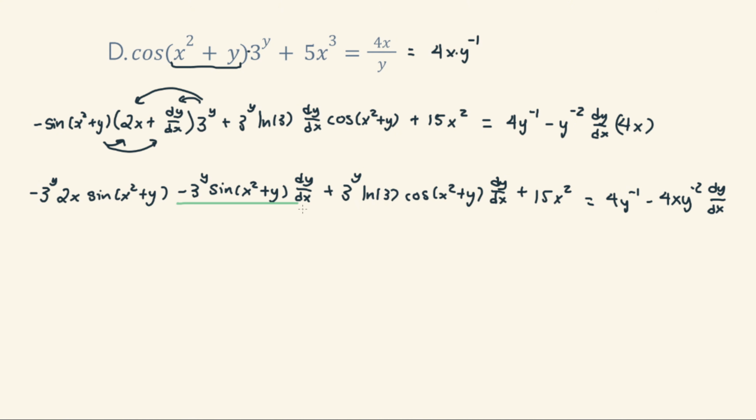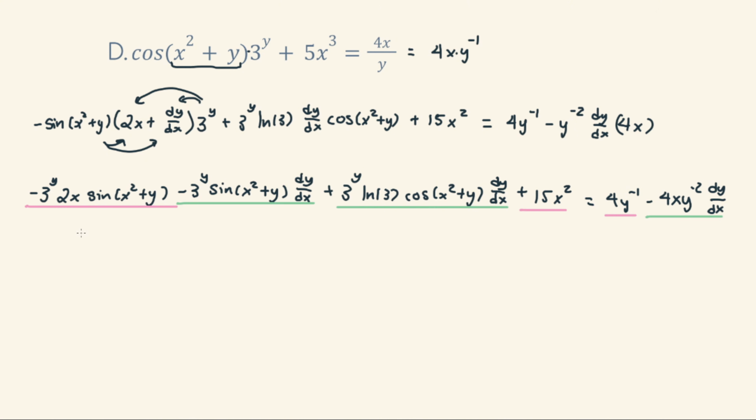Here we've got terms with dy over dx, same over here and over here as well. And this doesn't have dy over dx, neither does this guy, and neither does this guy. Okay, so those green guys we're going to keep on the left. We're going to push them all to the left and then factor out dy over dx. Those pink terms, we're going to push them all to the right.